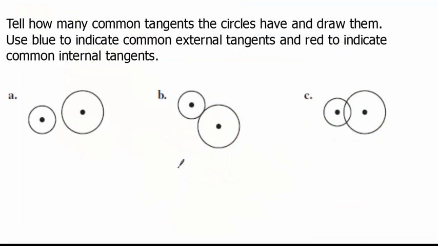So if we want to find common tangents, and we have these 3 different possibilities, no intersections, 1 intersection, and 2 intersections, we're looking for something that is a tangent to both circles. When the 2 circles never meet but are not concentric, one's not inside the other, we will have some tangents that are external. Let's see, externals are blue.